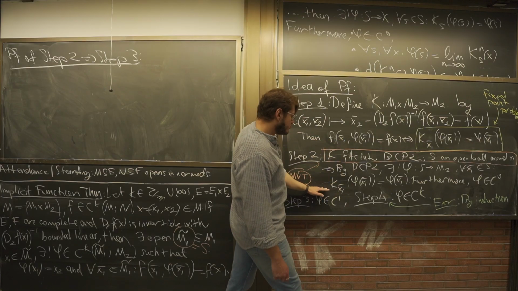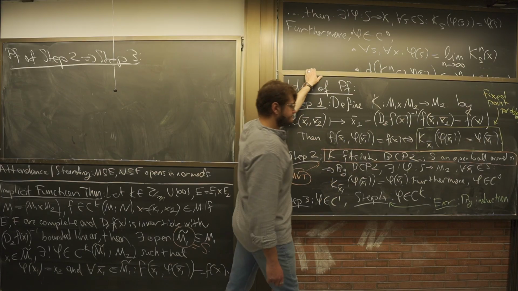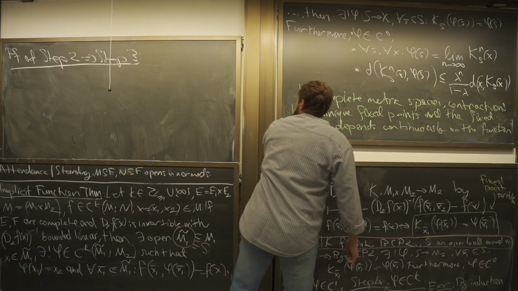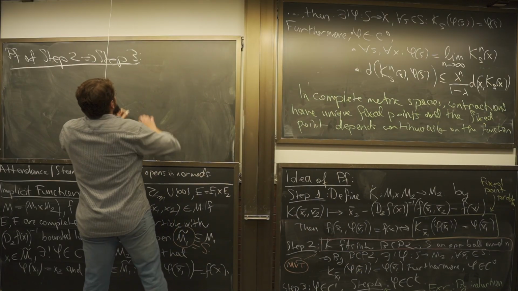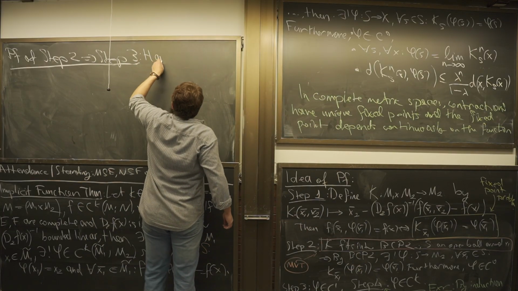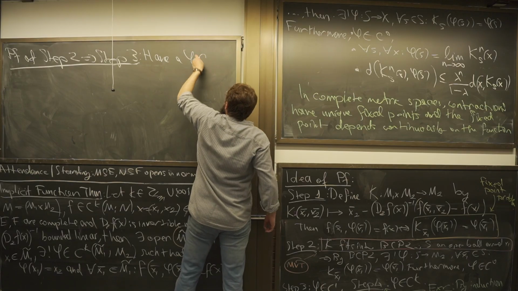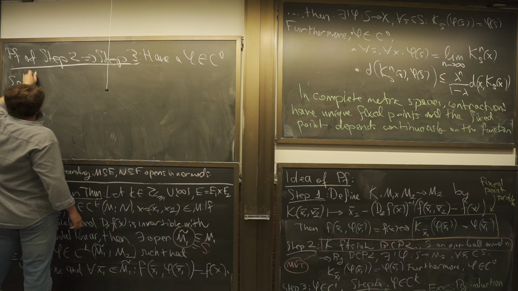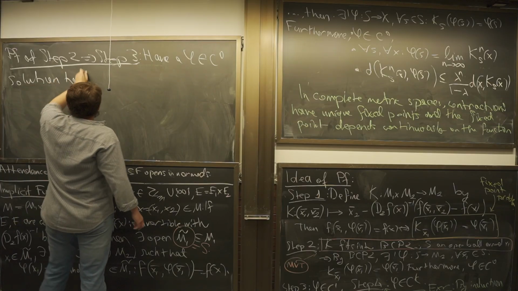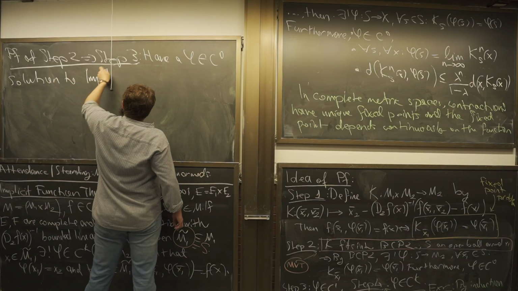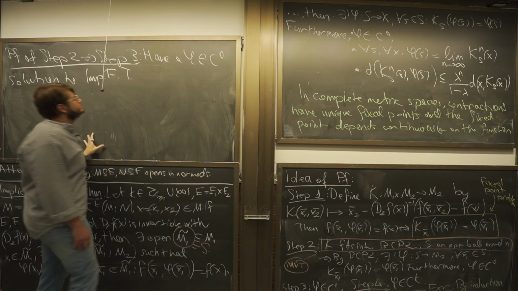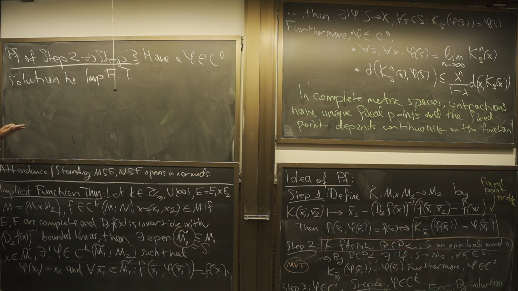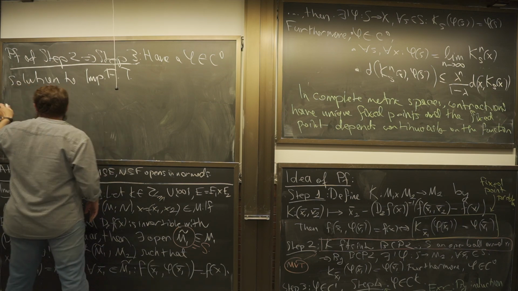At the end of step 2, I have a continuous solution. This means that in terms of the original function f, I have this.